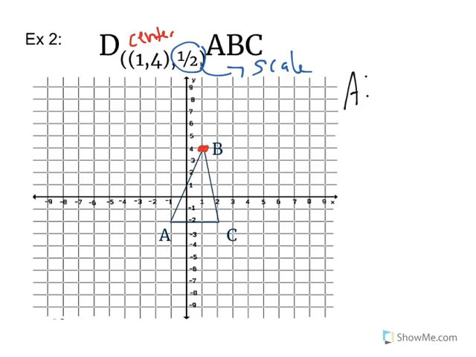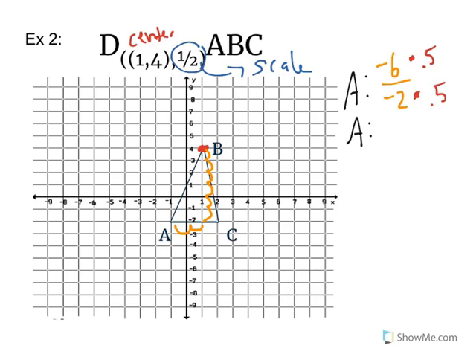So let's go to A. We're going to go down 1, 2, 3, 4, 5, 6. And to the left 2. So negative 6 over negative 2 because I went down and left. And we're going to multiply each of those by a half or by 0.5.